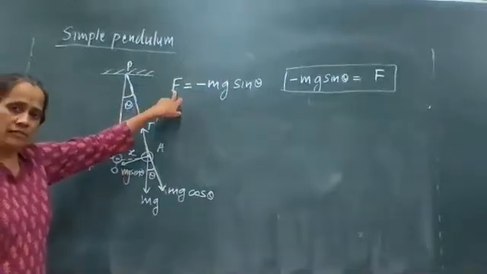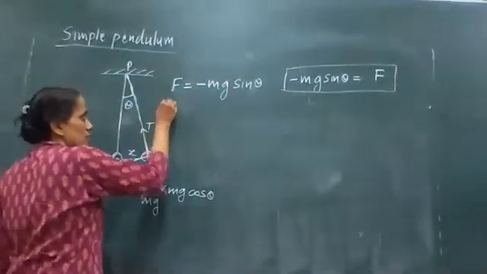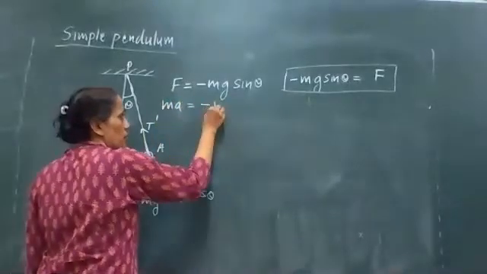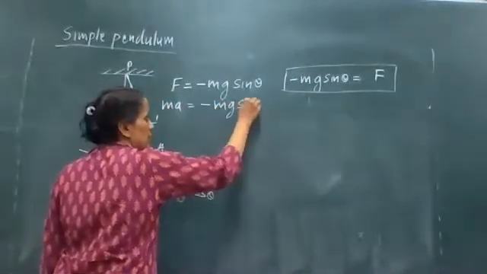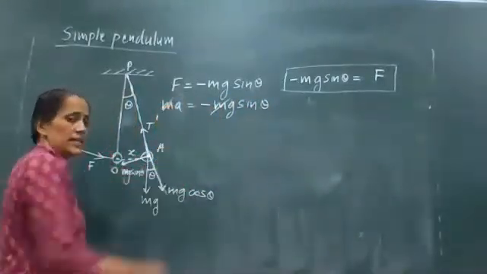Now this force F, according to Newton's laws of motion, is nothing but mass into acceleration, which is equal to minus mg sin theta. From both sides, this m component will get cancelled.